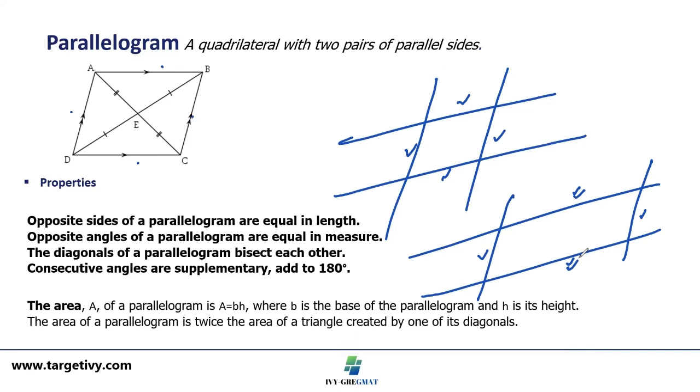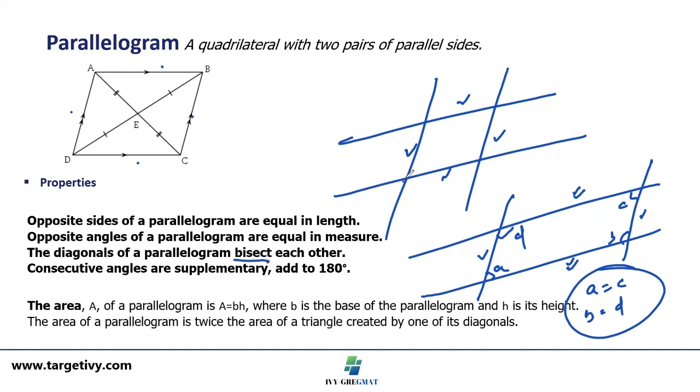The opposite angles of the parallelogram are equal in measure. So this is equal to this, and this is equal to this. So if this is A, B, C, and D, A is equal to C and B is equal to D. The diagonals of a parallelogram bisect each other.